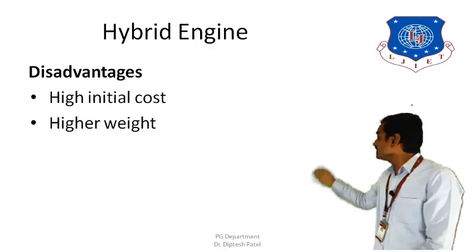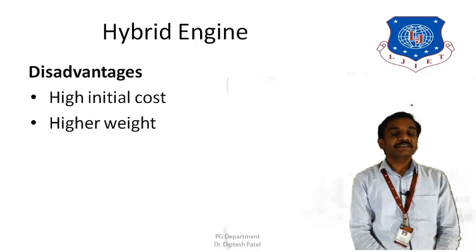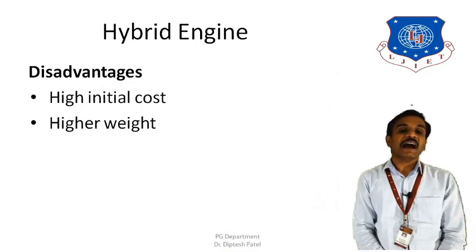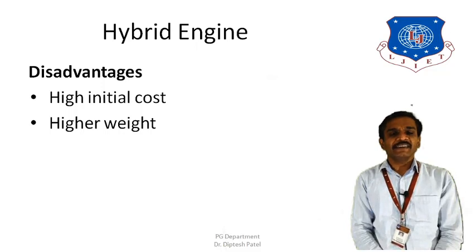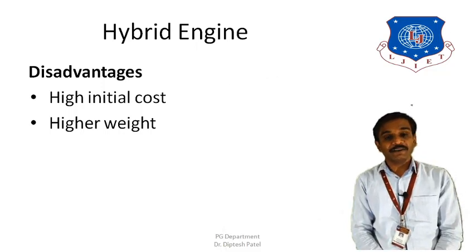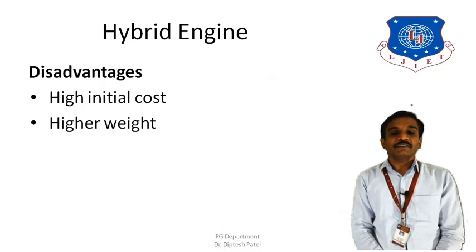Now these are the disadvantages of the hybrid engine, and the first disadvantage is a high initial cost. The cost of the lithium battery is very high at the moment, so the overall capital cost of the vehicle would be high.